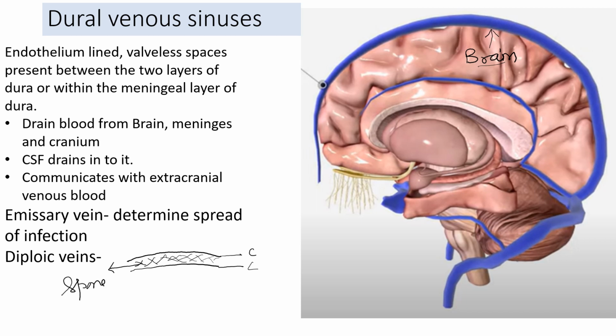These spaces are filled with marrow, that is diploe, and are drained by the diploic veins. These diploic veins connect the intracranial venous sinuses with the cranium and the scalp.